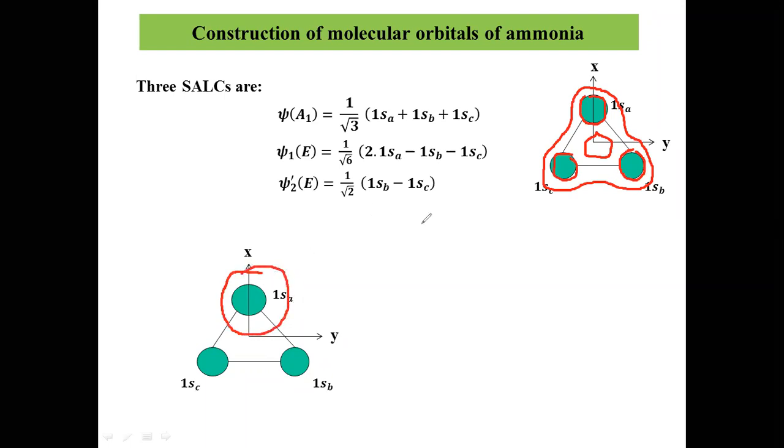This is the positive combination. Now these are going to be negative, both in the same phase. So what I am going to get is a kind of dumbbell shape, but the sign is going to be negative.